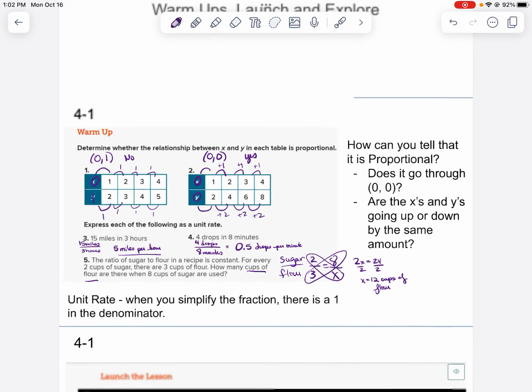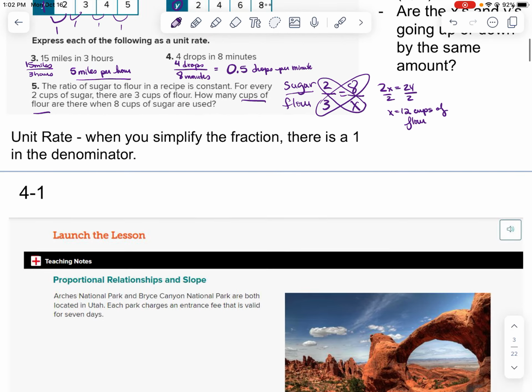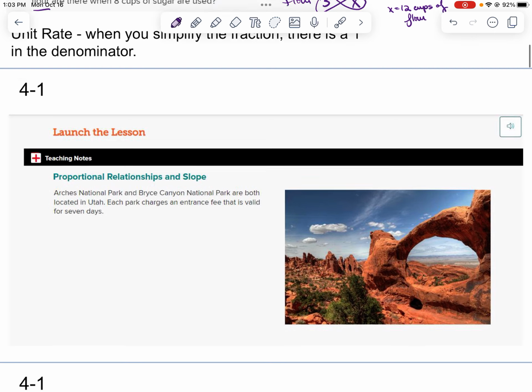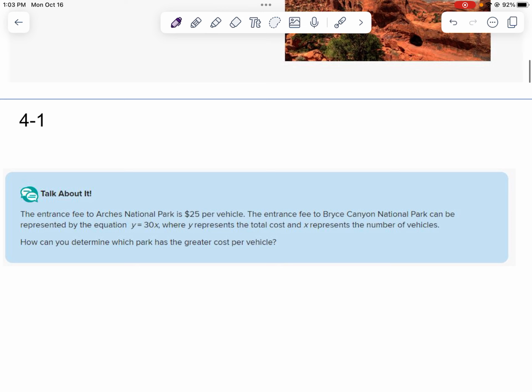Okay, so that was our warm-up. So let's look at this. It says Arches National Park and Bryce Canyon National Park are both located in Utah. Each park charges an entrance fee that is valid for 7 days. The entrance fee for Arches National Park is $25 per vehicle.